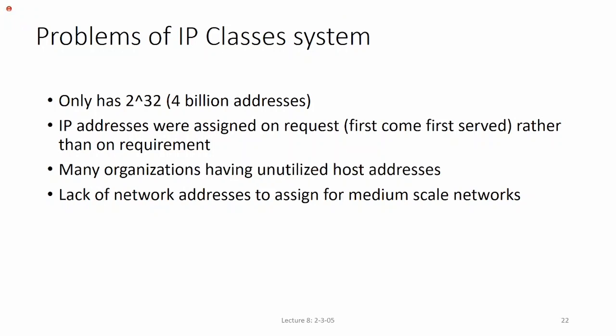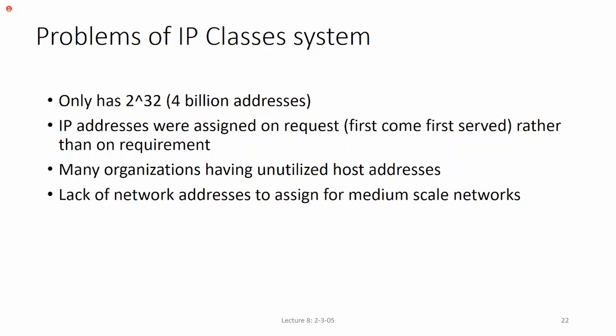When IP addressing first started, there was no requirement to utilize the IP addresses as much as possible, because at the initial time there were only a limited number of computers and 4 billion addresses were more than enough. So at that time, IP addresses were given on an ad hoc basis. When somebody asked for an IP address, you were given one.